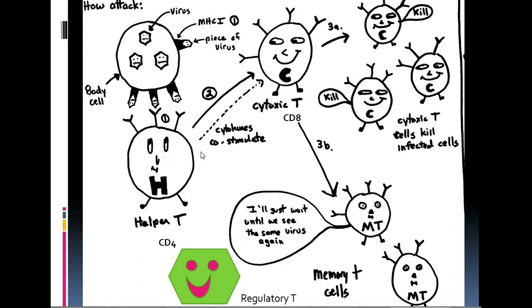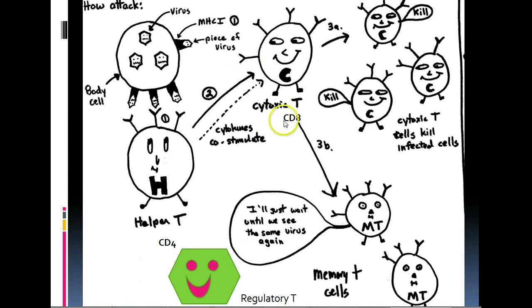So the body, and it takes time, has to find the correctly fitting helper T cell. And we also have to find the correctly fitting cytotoxic T. The same concepts exist with the cytotoxic T: we have a bunch of them, one of each, with all different shaped T cell receptors. It takes time to find the correctly fitting cytotoxic T cell.